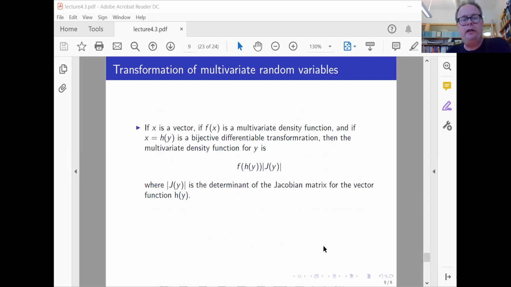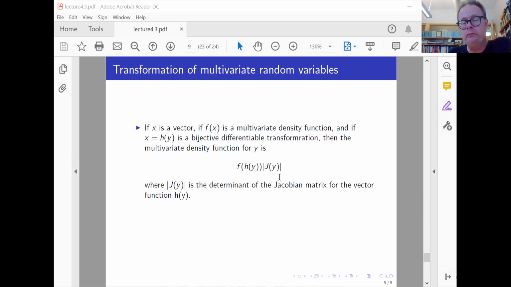Let's end with a transformation of multivariate random variables. If x is a vector and f of x is a multivariate density function, and if x equals h of y is a bijective differentiable transformation, then the multivariate density function for y has basically the same form. Now it's not the derivative, it's the determinant of the Jacobian matrix.